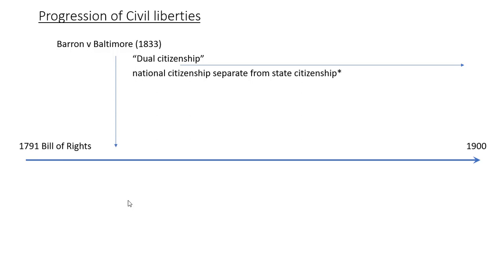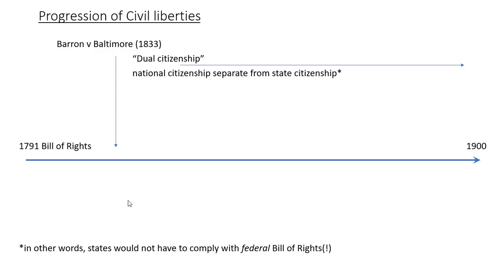And so, in other words, what this means is that states do not have to comply with the Federal Bill of Rights. If the state of Maryland does not have this eminent domain protection in their state constitution, well, they can take your property.